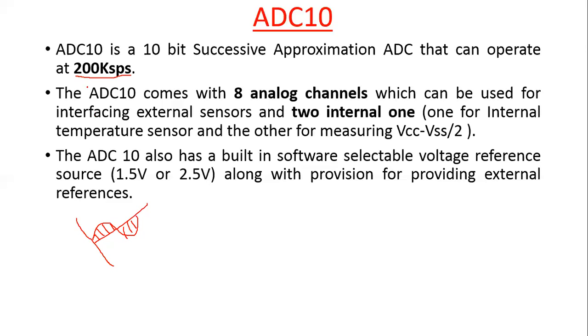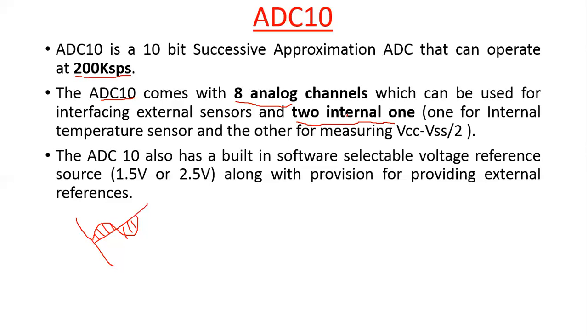So these 200 kilo samples per second will be performed. That is the speed of the analog to digital converter. And ADC 10 consists of 8 analog signals, and 2 internal signals are available.